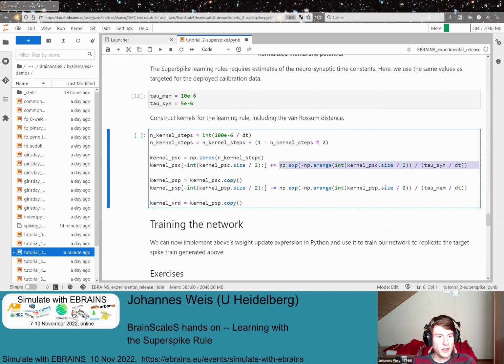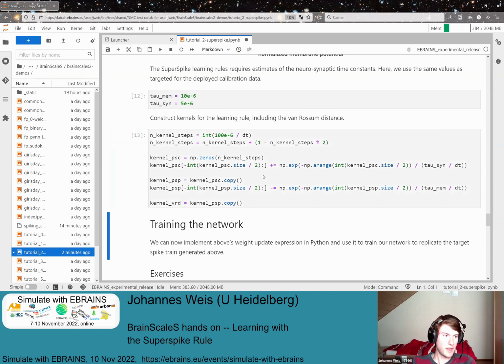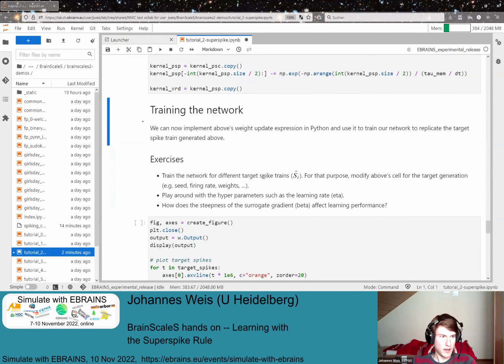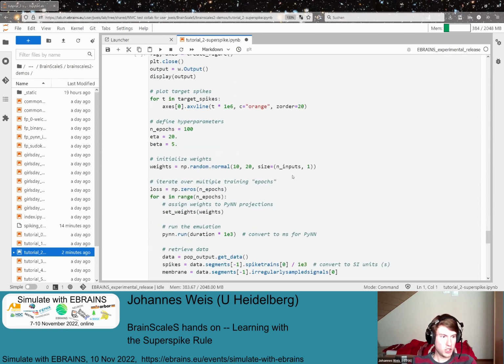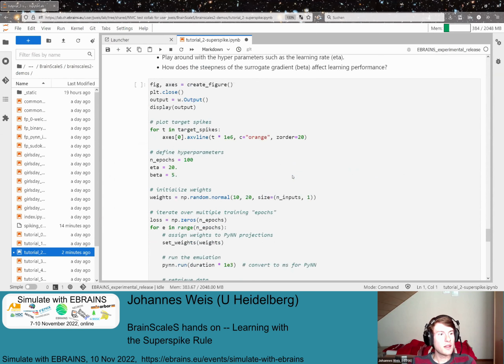These are exponential kernels where we use e to the power of a time. The time is an increasing array in this case, divided by the tau that we just set here. So with our time bins, this kernel just matches the synaptic traces, the synaptic currents. And we have now an implementation of the superspike rule here in the last cells.